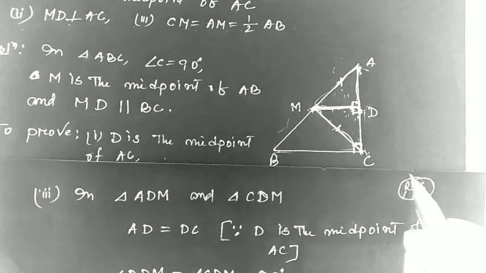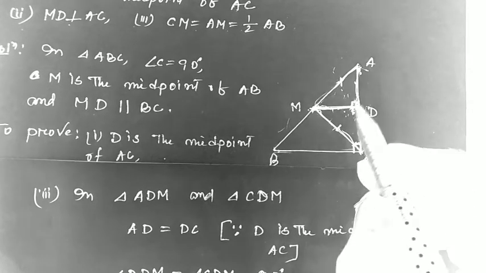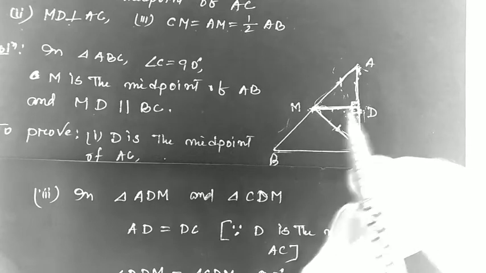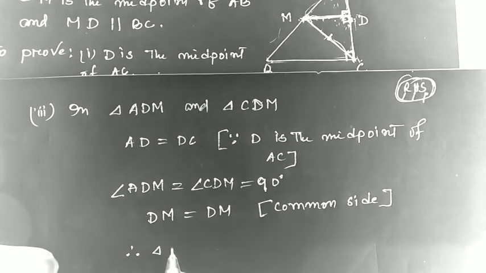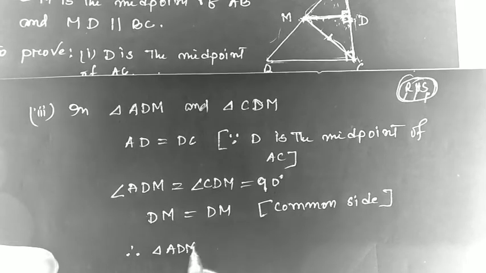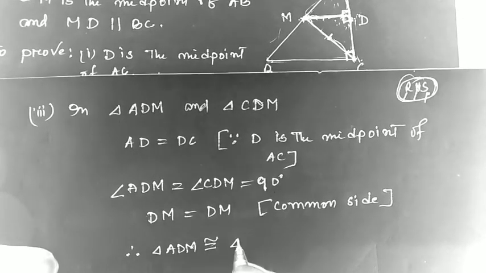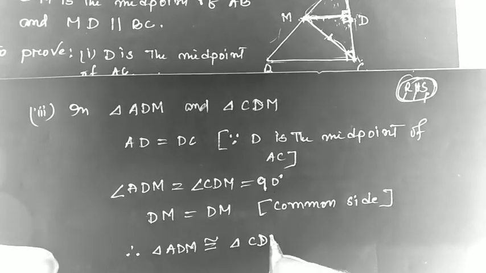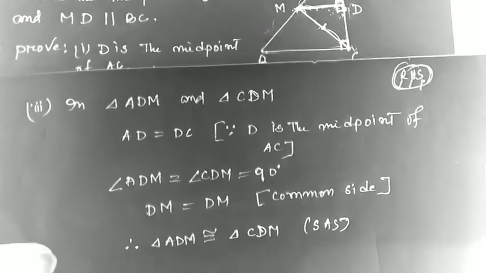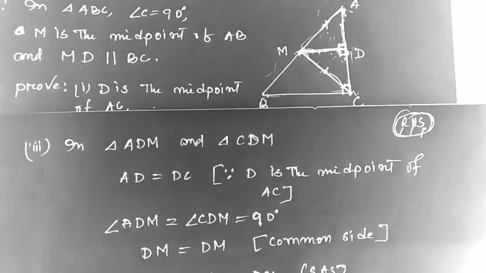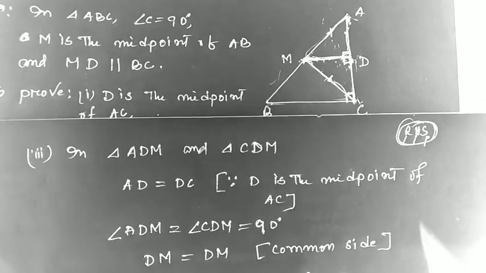Here right angle comes, one side also comes, but hypotenuse does not come, so we cannot say this is RHS. This is side angle side criteria. Therefore triangle ADM is congruent to triangle CDM by side angle side criteria.